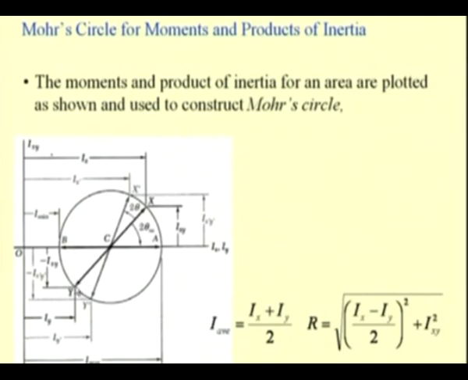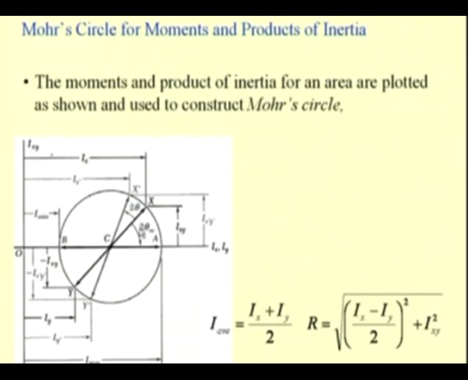So, this diametrical line XY corresponds to the second moment of inertia and product of inertia on this circle, which we call the Mohr circle. And this diametrical line ACB, which corresponds to the maximum moments, that is the principal moments, lies along this x axis.